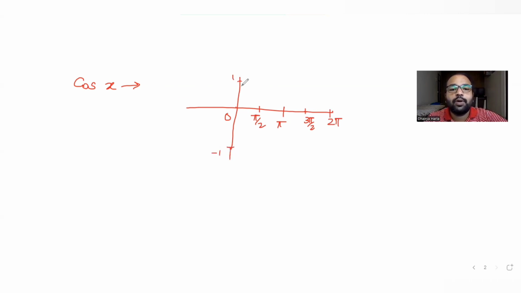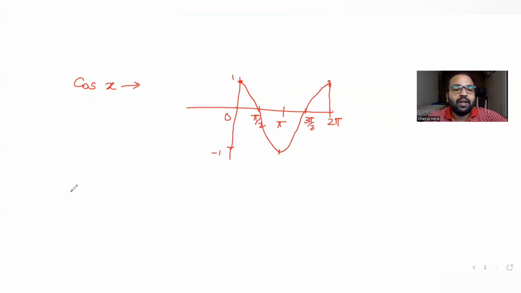Cos 0 is 1, so it starts from the peak, becomes 0 at the angle pi by 2, goes to minus 1 at pi, again becomes 0 at 3 pi by 2, and then becomes 1 at 2 pi. So this is your curve for cos x.